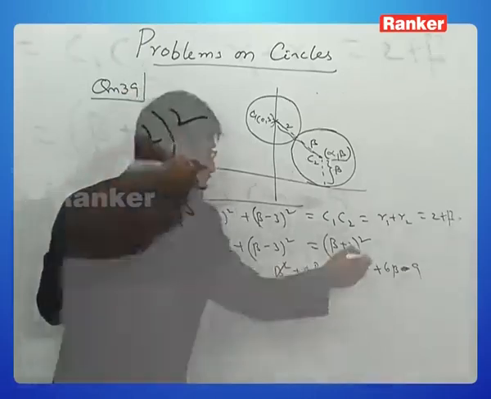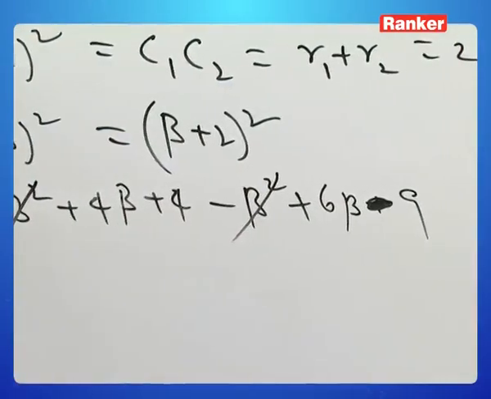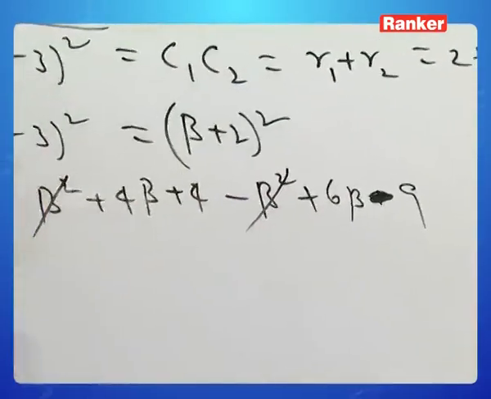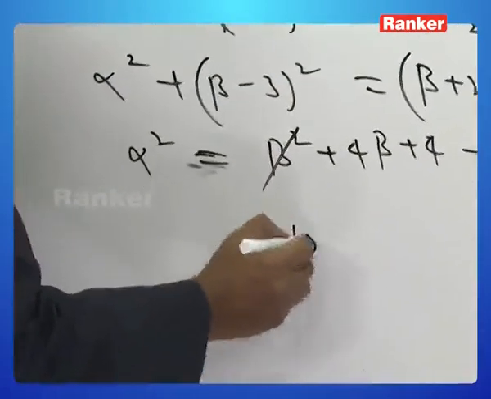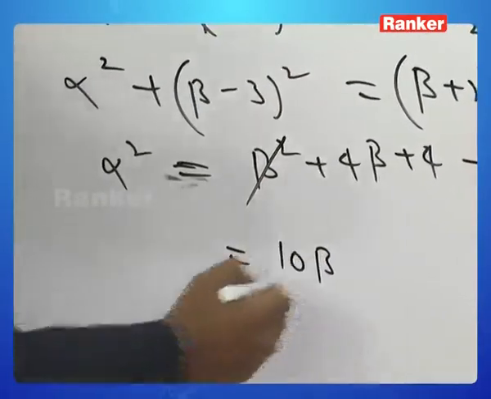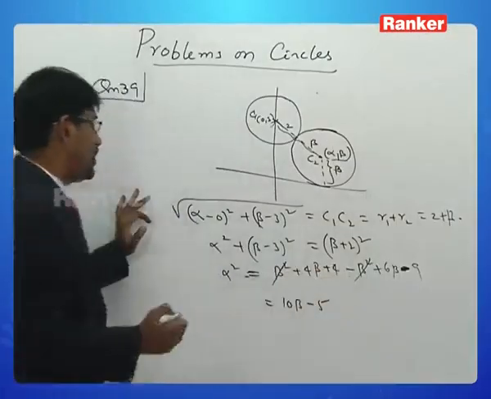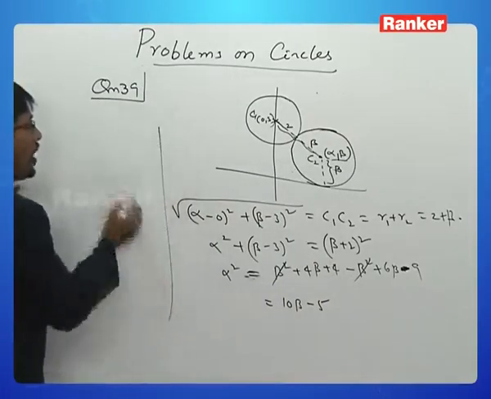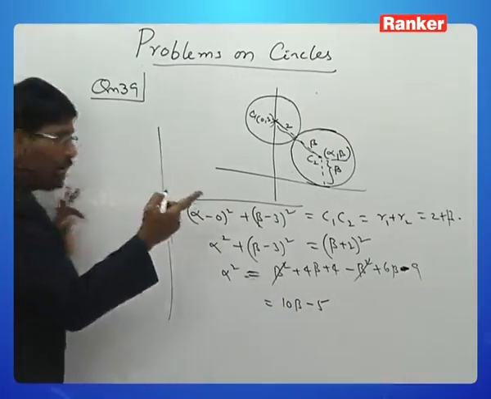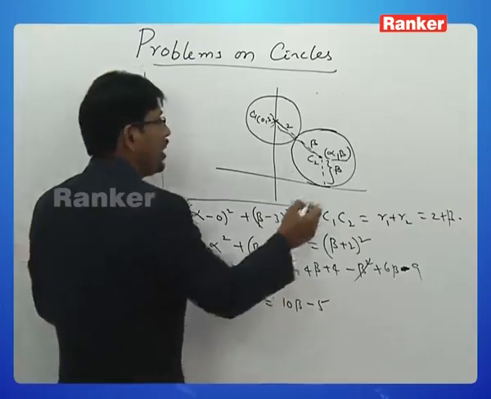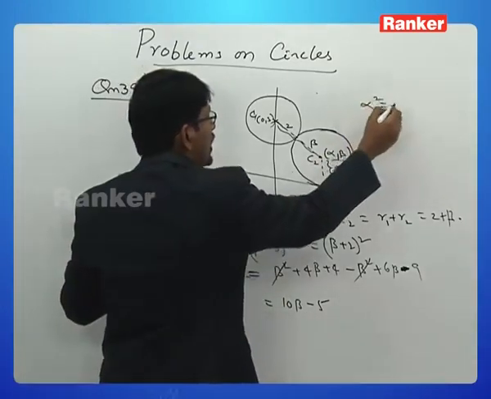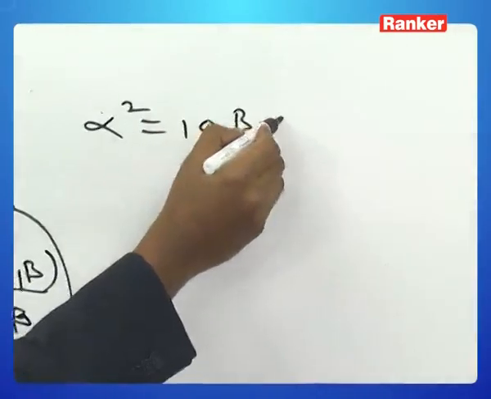Beta square cancels, and we have here 4 beta plus 6 beta, that is 10 beta minus 5. So I have alpha square is equal to 10 beta minus 5.